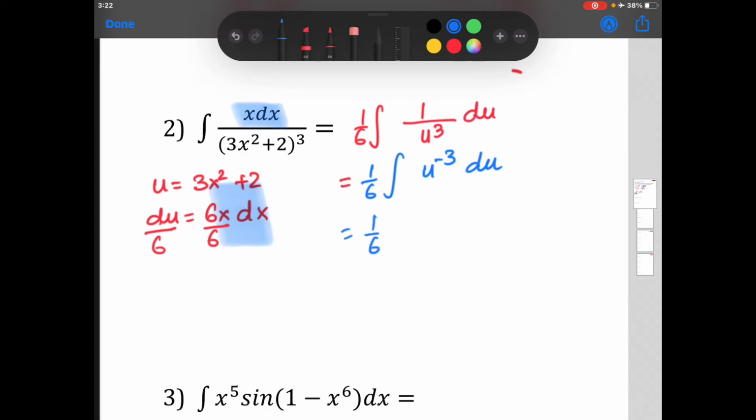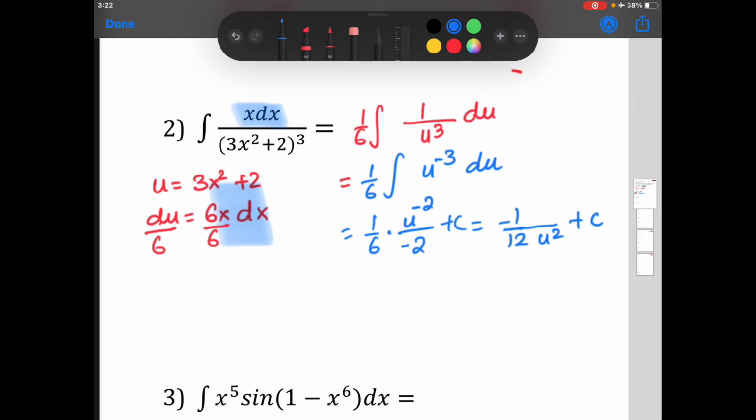So this would be 1 over 6, u to the negative 3 is u to the negative 2, because we're adding 1, over negative 2. So if you simplify that, that would be negative 1/12, plus c.